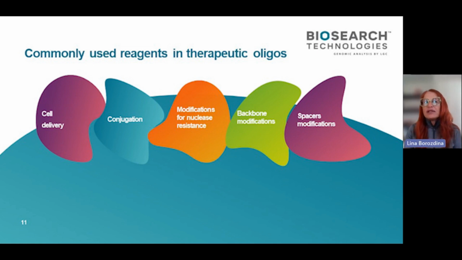The oligo buckets that apply would be cell delivery, conjugation, and modifications for nuclease resistance, because when you do RNA, RNases love it. So you want to block it so the RNases do not recognize it in the human body. Backbone modifications like thiolation and spacer modifications for conjugation purposes.